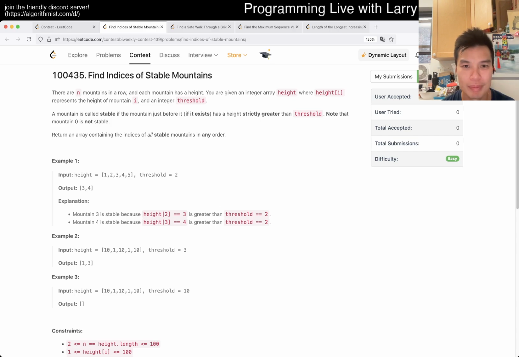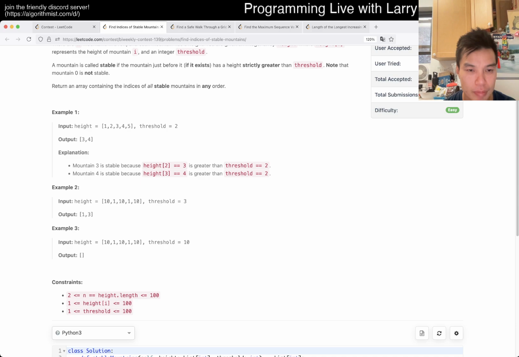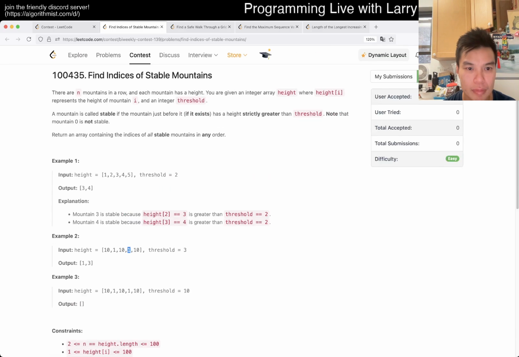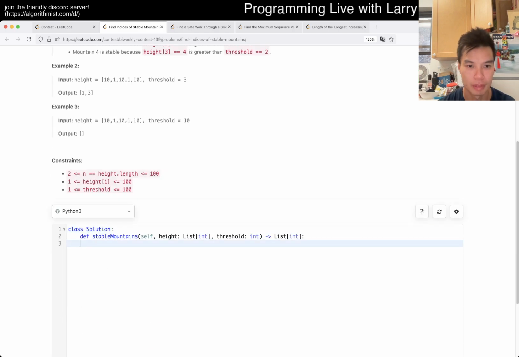What? Isn't it 5? Why is it 5? Oh, wait. Oh, I see. This is such a silly reading problem.